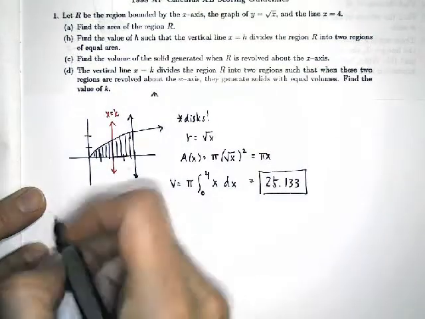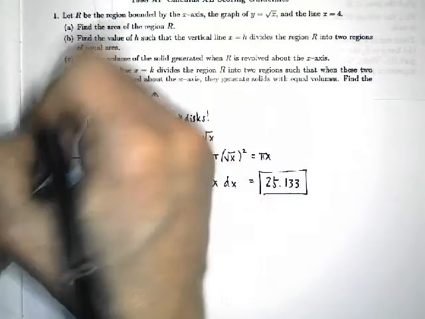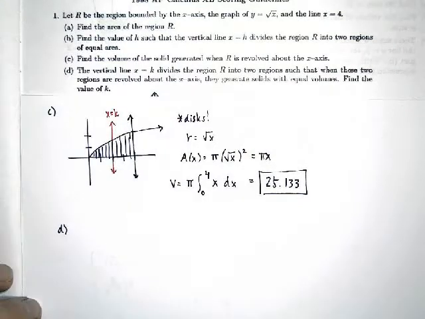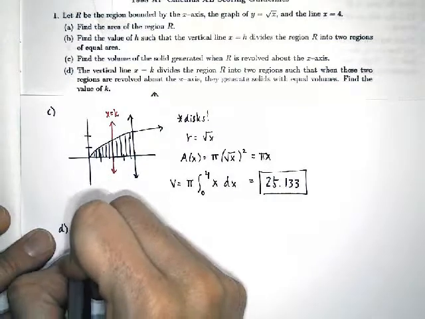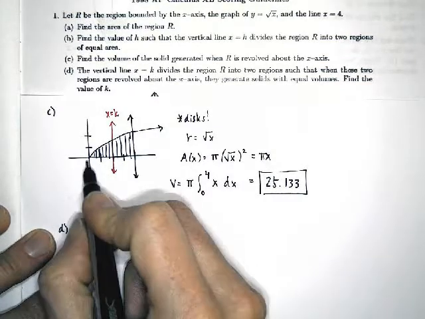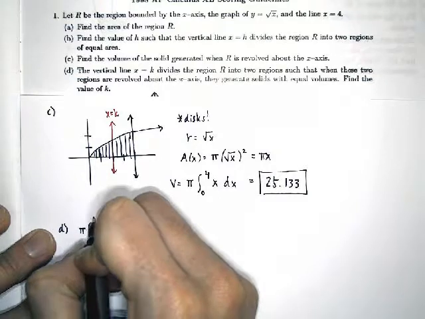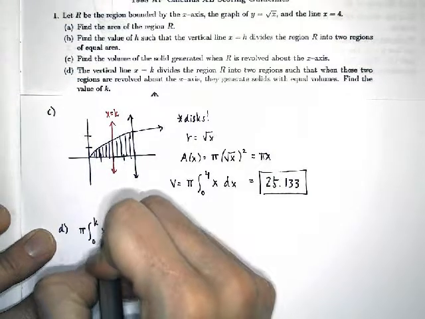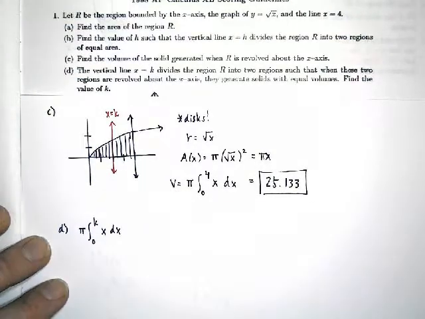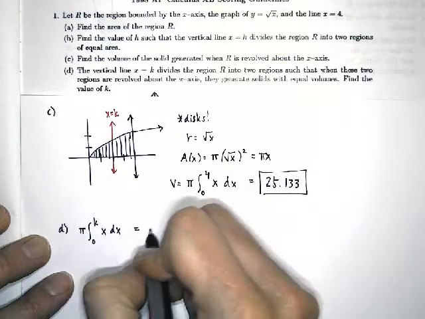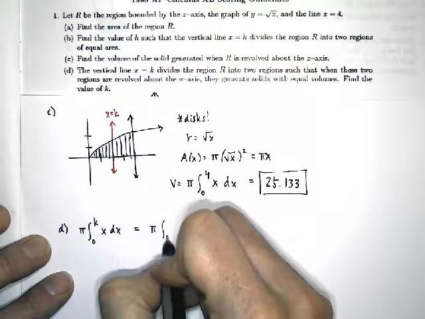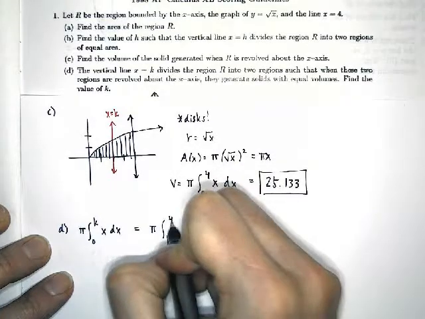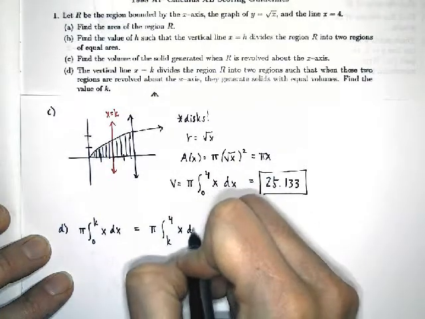So what that's telling me now for part D, I should label this part C here. For part D, it's telling me that if I were to take the integral from 0 to k of x dx, that should be the same volume that I get if I integrate from k to 4 of x dx.